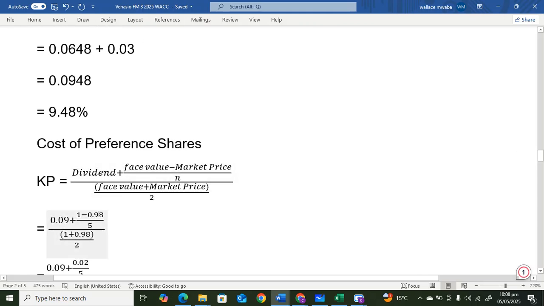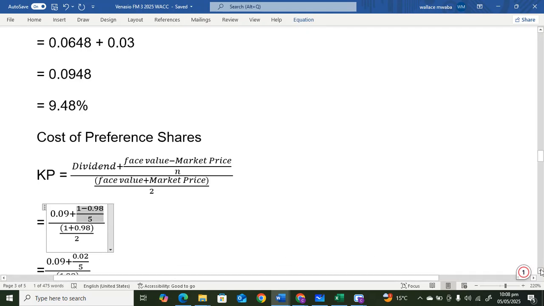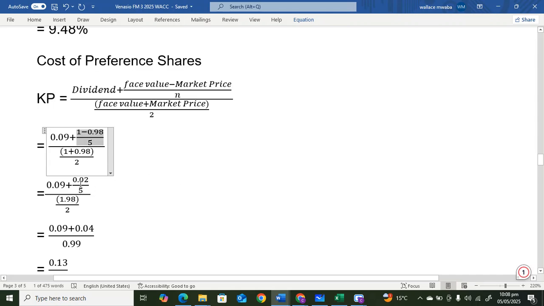Okay, so you solve each fraction independently. The top fraction: 1 minus 0.98 is 0.02, and 0.02 divided by 5 is 0.04.